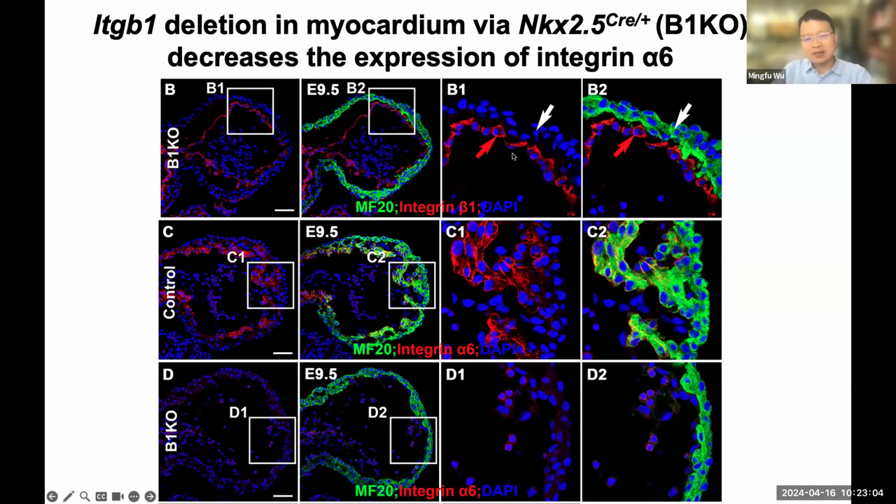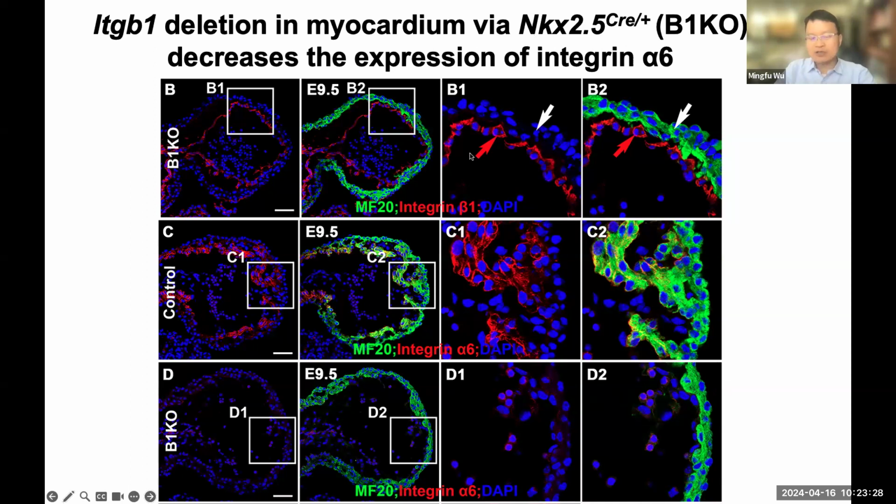Okay, so this leads to the next question about integrin beta 1, their function in cardiac morphogenesis. As I told you, we use NK715Q to delete integrin beta 1 in the myocardium. And we call this knockout a B1 knockout. As you can see, in the B1 knockout, integrin beta 1 deletion was complete.